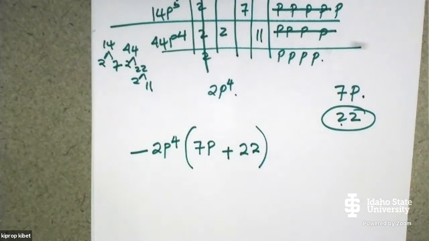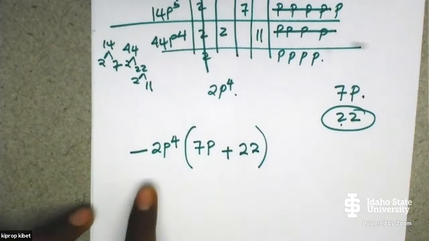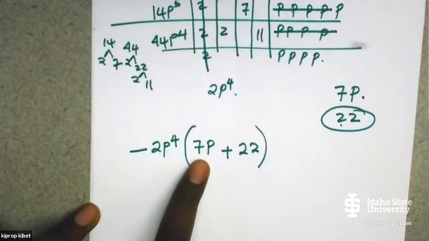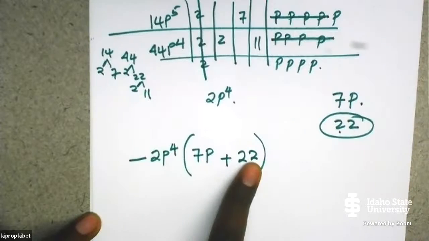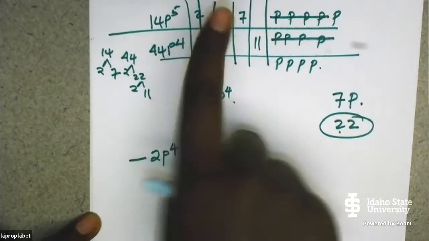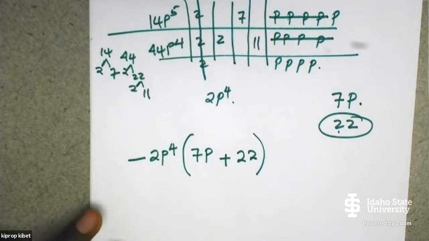Yes, plus 22. Now, when we open these brackets, what do you get? You get negative 14p raised to 5, and then negative 44p raised to 4.